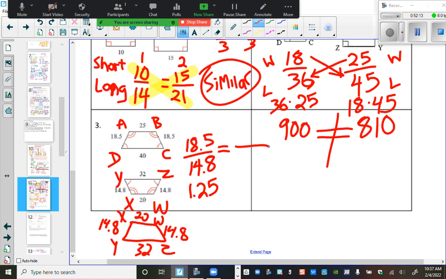Val, I want you to pick a side on the top. Not the one that's slanted, but one of these two. Which one? AB. So how much is AB worth? Okay, so we've got to go with the bottom, 20.